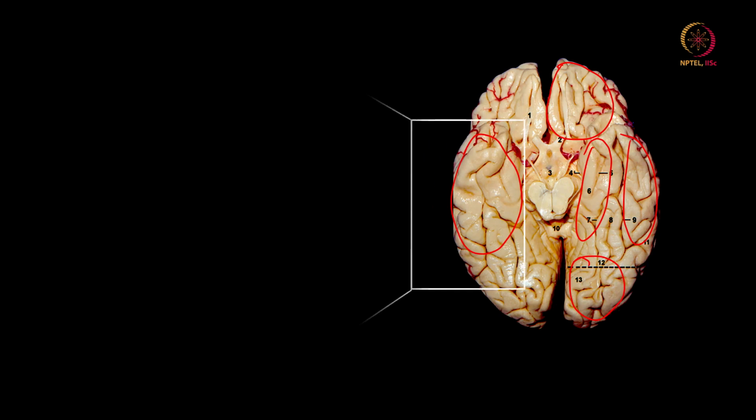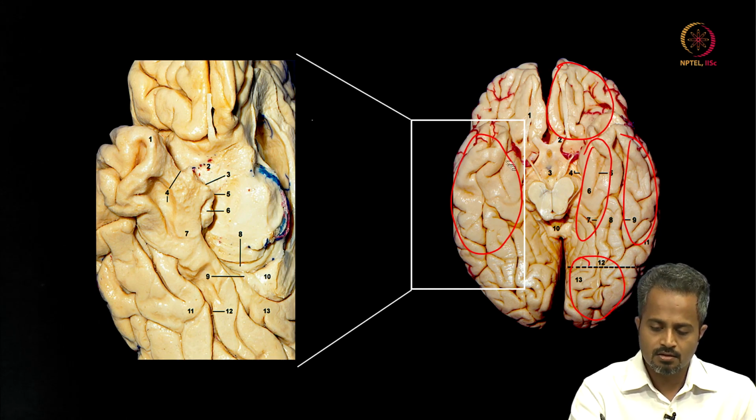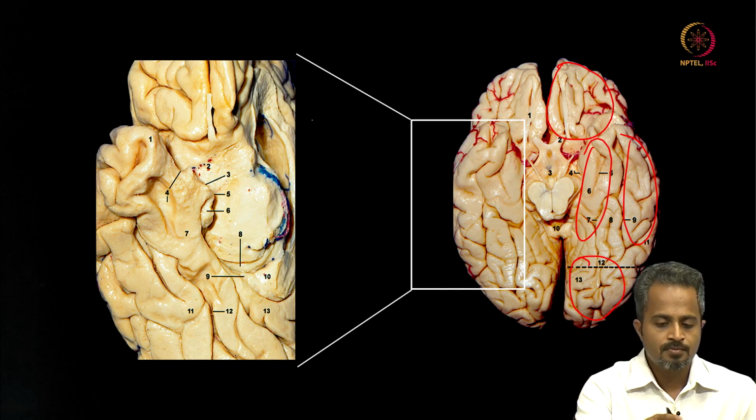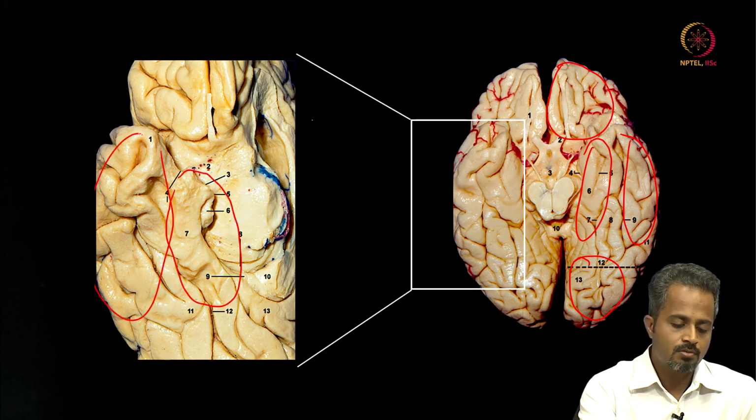If you go deeper into that particular structure, this part of the brain is again enlarged to show the complexity of the temporal structures there, which is called the medial temporal lobe here, and again a lateral temporal lobe.